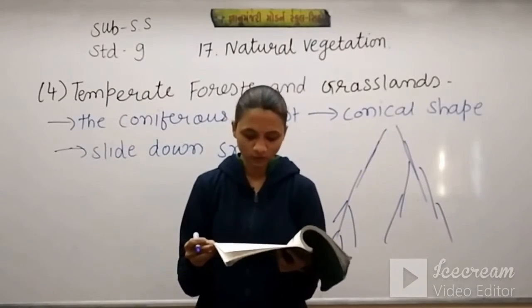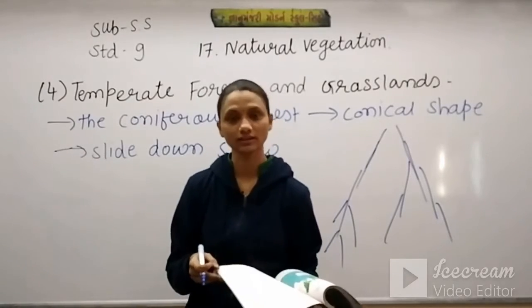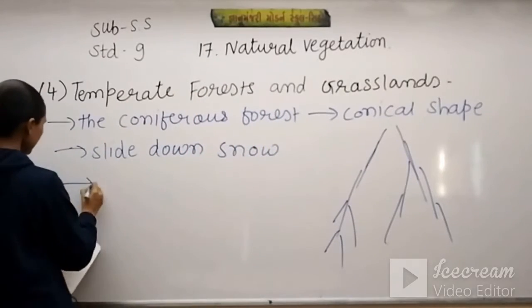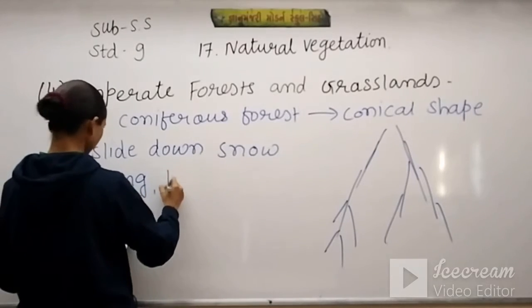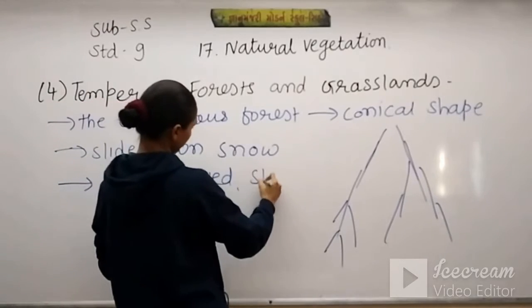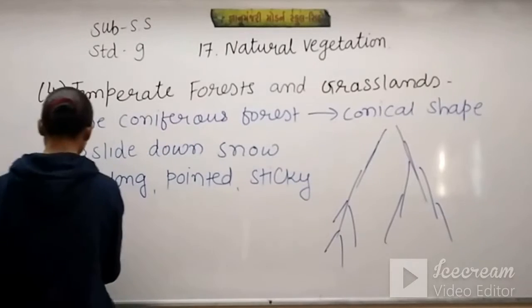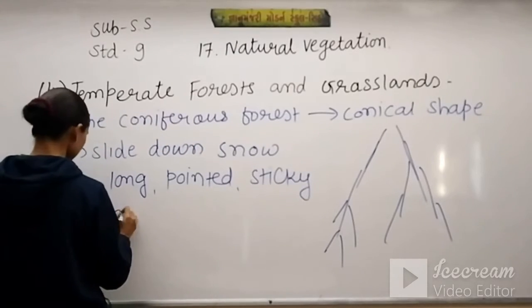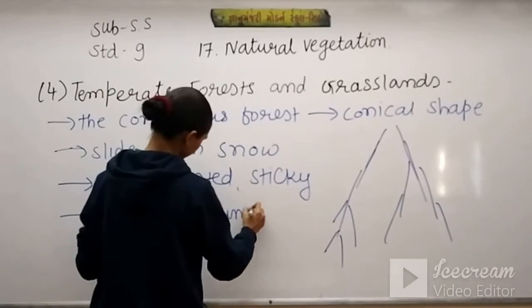Tree leaves are long, pointed and sticky, which can conserve humidity for a longer time. So talking about the leaves: long, pointed and sticky, so they can conserve humidity.